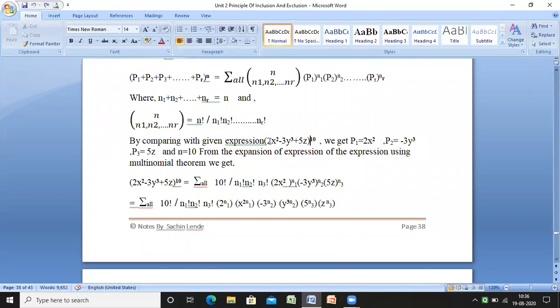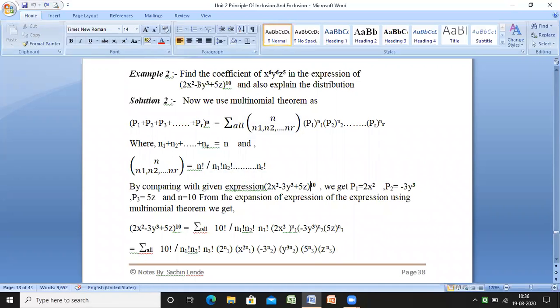Now what is the expression we have? The given expression is 2x square minus 3y cube plus 5z raised to power 10. If you look at it, it is similar to p1 plus p2 plus pr to the power n. Since the power is 10, we get n equal to 10.